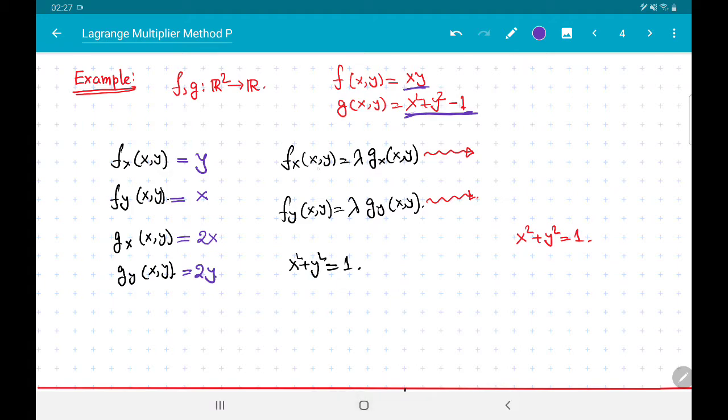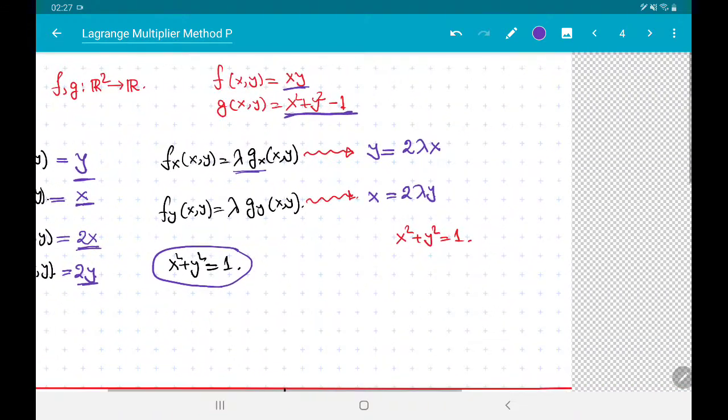Now fx is equal to lambda times gx, so we can write y equal to 2 lambda x. Similarly, x is equal to 2 lambda y. Now we have the constraint that x square plus y square is equal to 1.